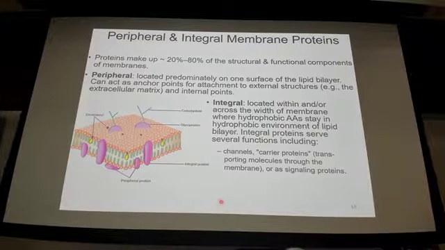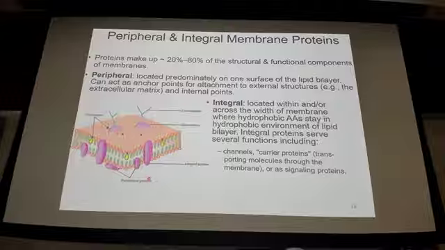In addition to cholesterol, there are also proteins that are either peripheral or integral to cell membranes. Proteins can make up a significant structural and functional amount of the cell membrane's surface. You can have peripheral proteins located either extracellularly, shown here, or intracellularly.